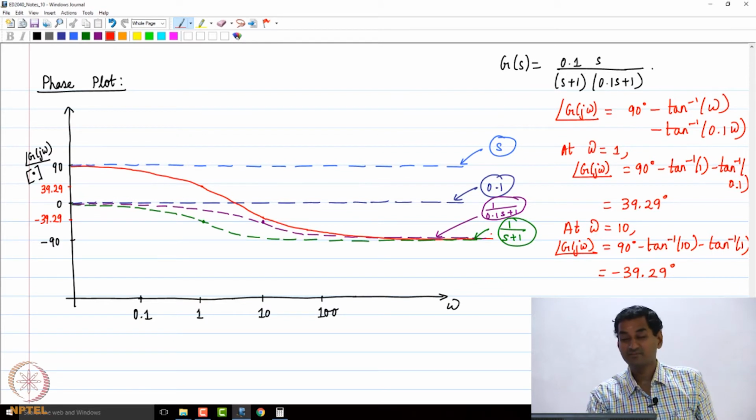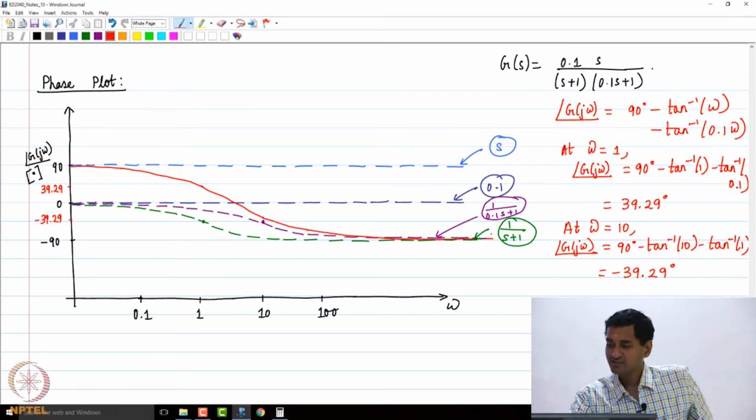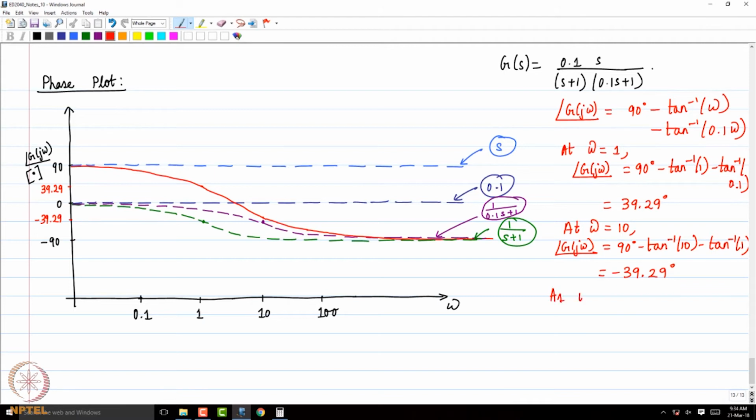So, that is what will happen. Why minus 90? Because tan inverse omega will contribute 90 degrees, tan inverse of 0.1 omega will contribute 90 degrees. So, immediately you see that as omega tends to infinity, the phase of g of j omega will tend to minus 90 degrees, right.